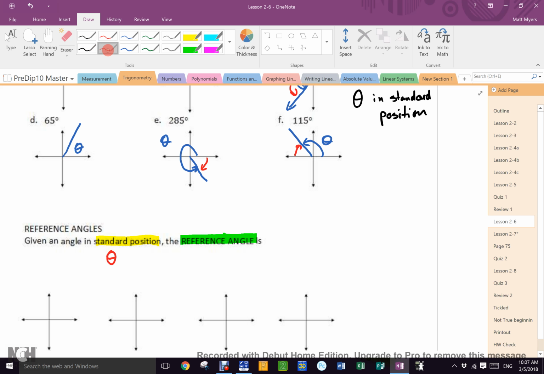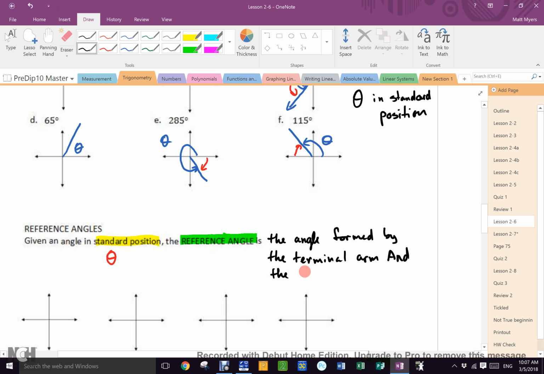The reference angle is the angle formed by the terminal arm and the closest x-axis.